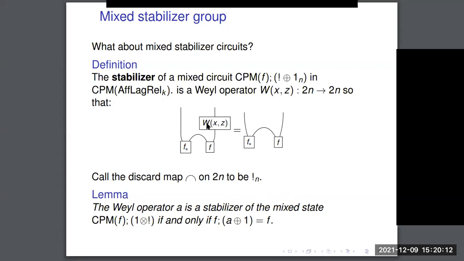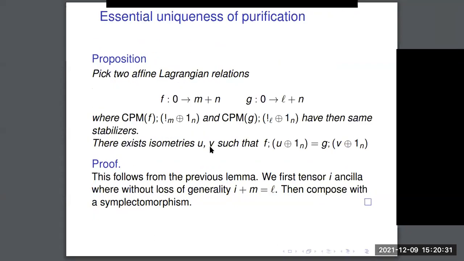So here you'd have W of X and Z is a stabilizer of this mixed state, but then 1 tensor WXZ is a stabilizer of F, and this is biconditional. So this characterizes all the stabilizers of F. And what this allows us to show is the essential uniqueness of purification for all of these circuits in CPM of affine Lagrangian relations.